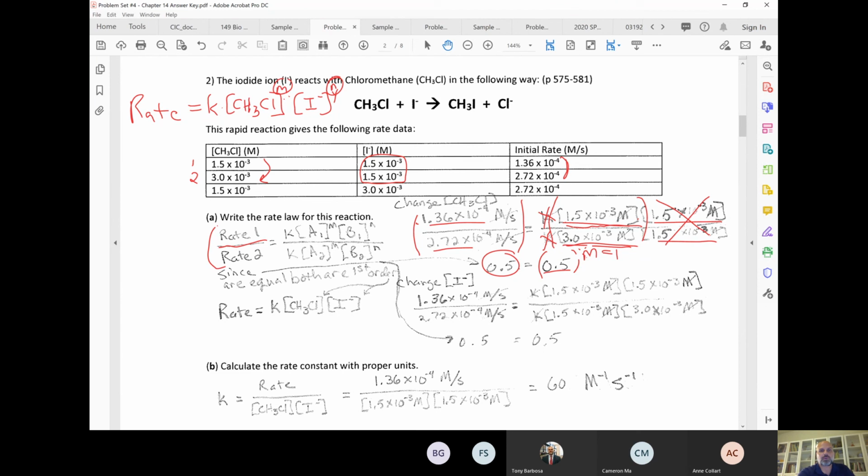If this instead went to 5.44 times 10 to the minus 4, then this wouldn't be 0.5, this would be 1. So it would be 1 equal to 0.5, and you would see that in order for 1 to be equal to 0.5, you would have to raise this to the second power. Let me see, 0.5.